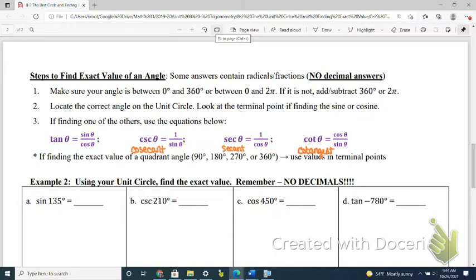So these 4 equations you do need to memorize. You need to know which one goes with which, and we're going to be finding those. If finding the exact value of a quadrant angle, so one that lies on a x or y axis, we are going to just use the value of the terminal points. So let's pull back out our unit circle, and we're going to do some of these.